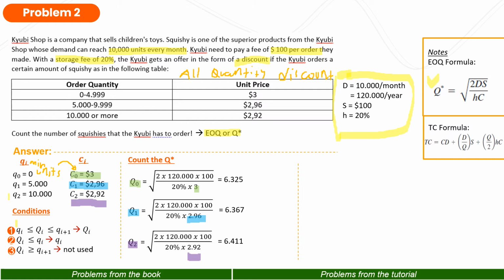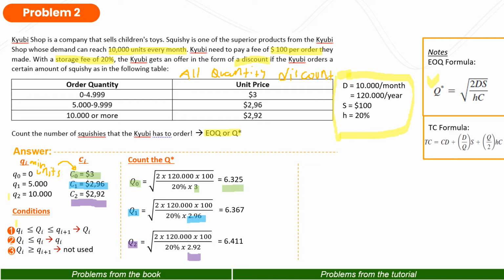Okay, so we compute the Q star here. We analyze, for each unit price option, how much quantity we need to order. So we already got the Q star for each unit price, and then we need to decide which condition matches each Q star. So for the Q0, it is 6,325.